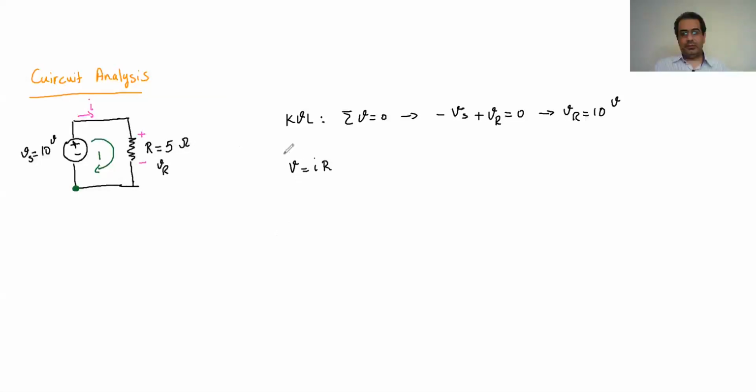And the V here is the voltage across the resistance. The R, you have it, and then you can get the I. So if you put the values here, for example, you have 10 volts for the voltage, and then you have the I, and then you have 5 for the resistance. And then it's going to give you I is 2 amps.